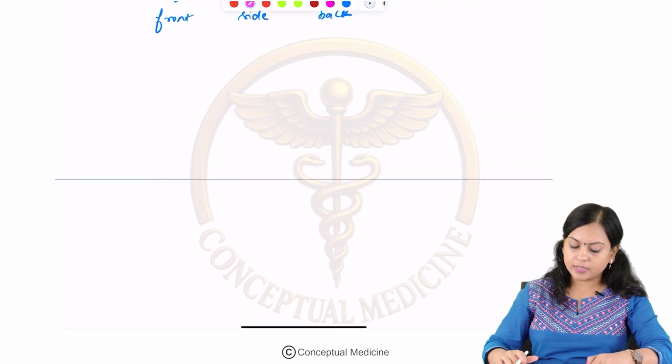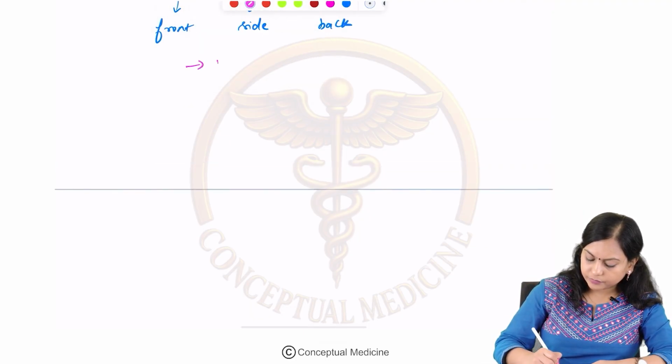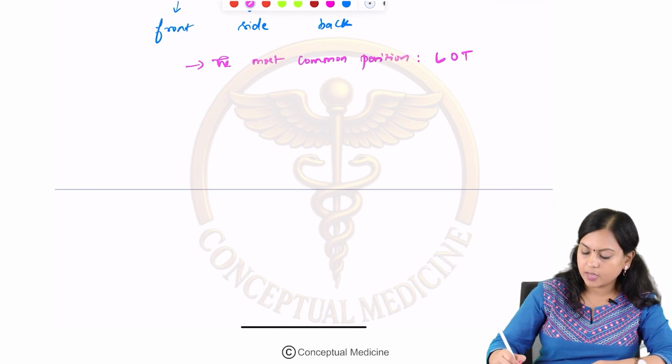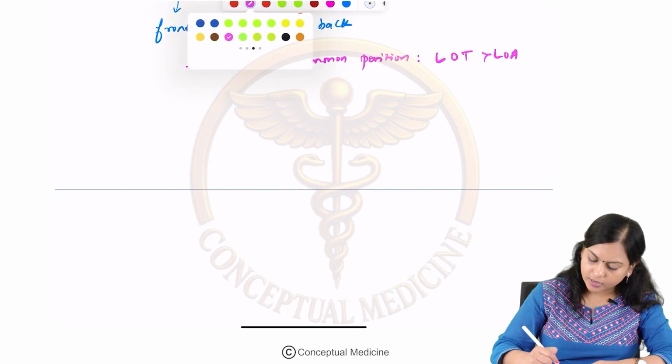Among these positions, the most common position is left occipito transverse. The second most common position is left occipito anterior.